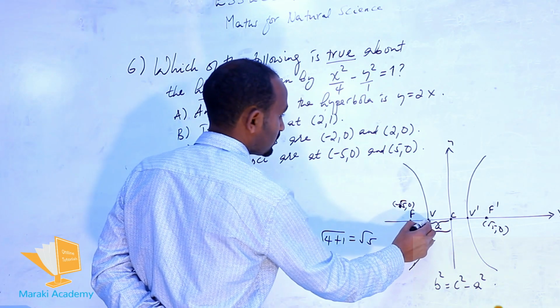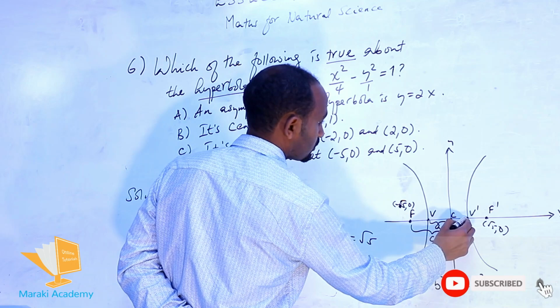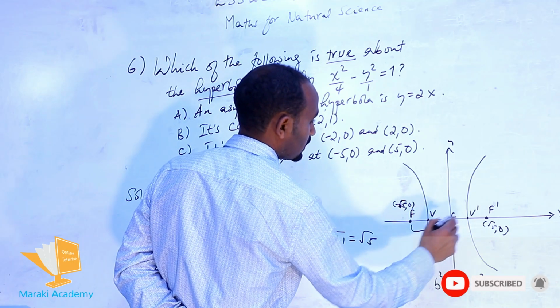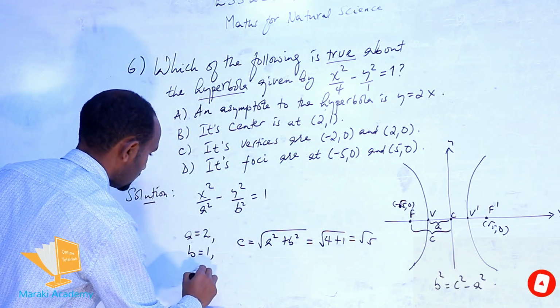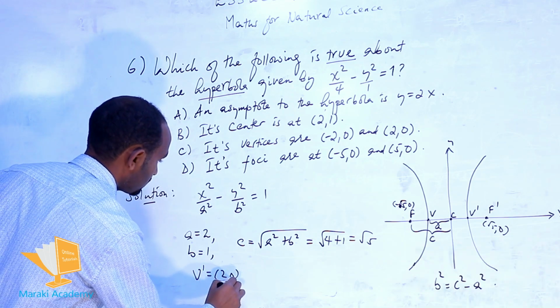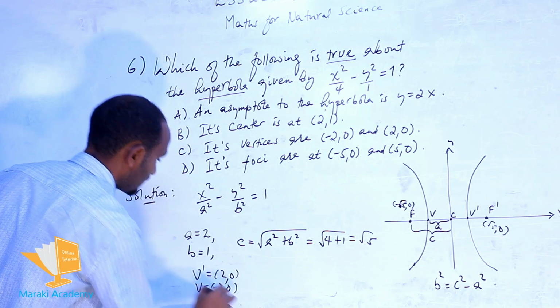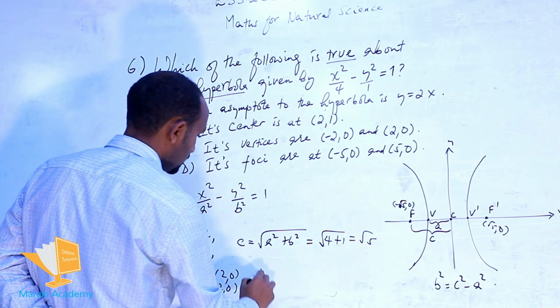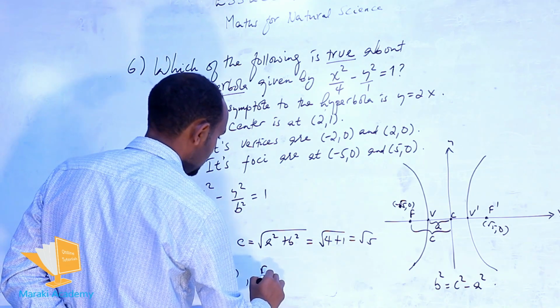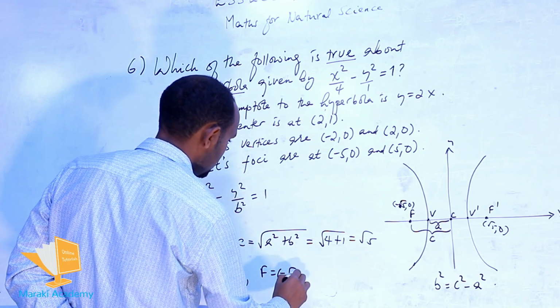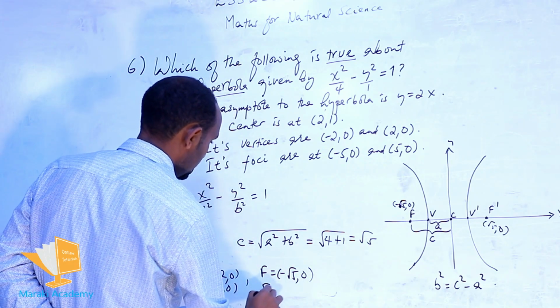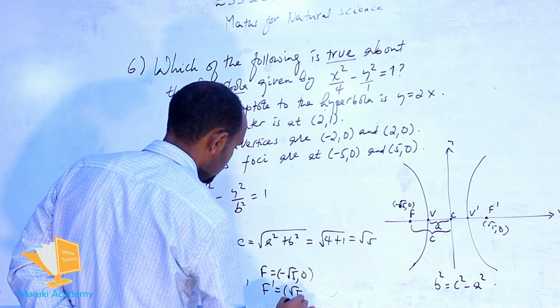What are the points on the vertices? Minus 2 comma 0 and 2 comma 0. So V is minus 2 comma 0 and V bar is 2 comma 0. These are the vertices. The focal points F is minus root 5, 0 and F bar is root 5, 0.